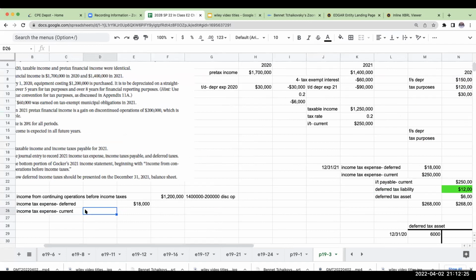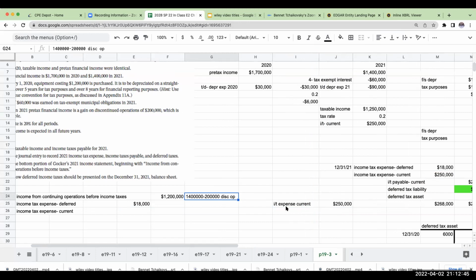What I'm going to do, though, is say, well, if my income tax expense current is 250,000, this includes the taxes that relate to this 200,000 on the disposal. So to isolate this, this is my gain on disposal.